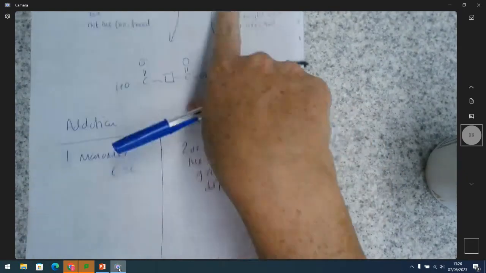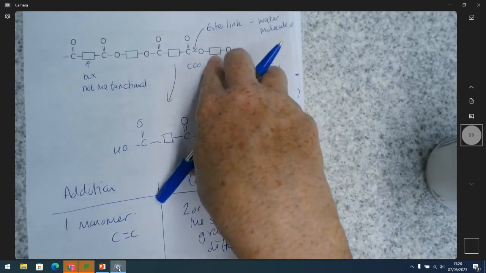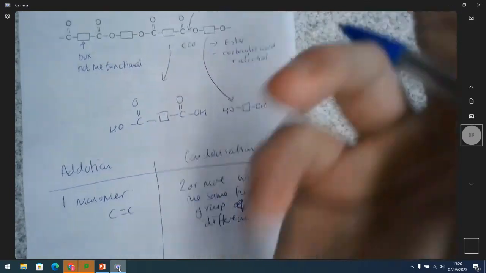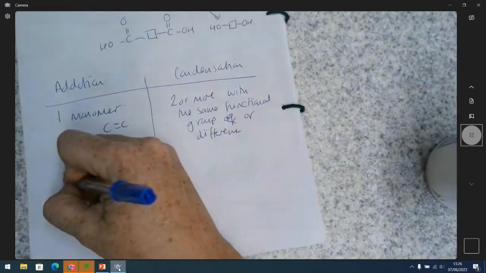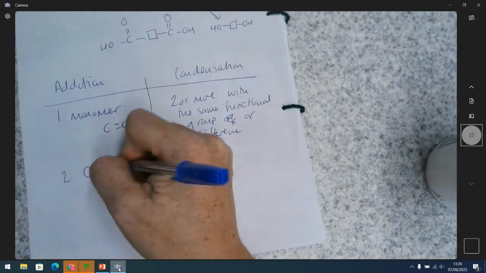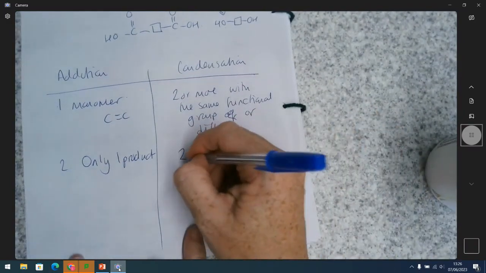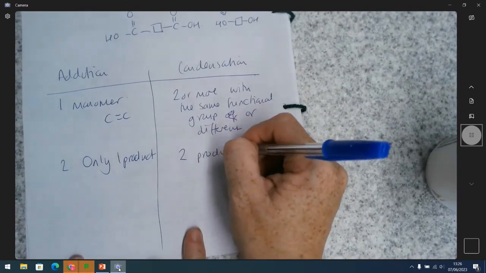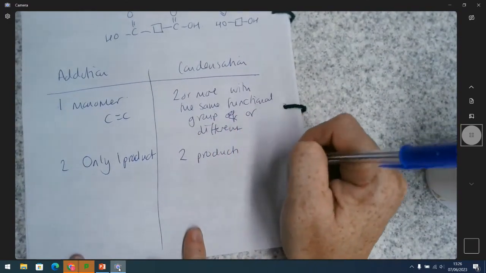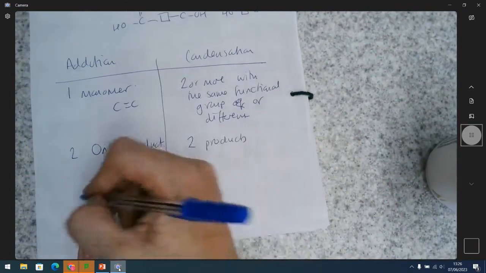You could even have one with two different functional groups. It just depends. You only make one product in addition polymerization, that's the polymer. Whereas here you make two products, the polymer and the small molecule, which is usually water.